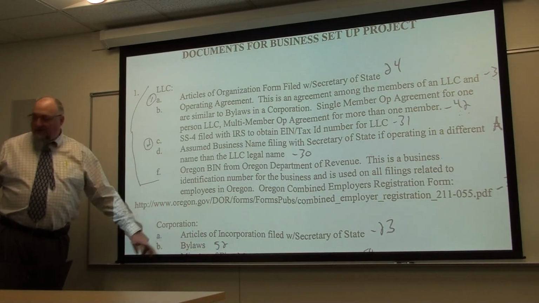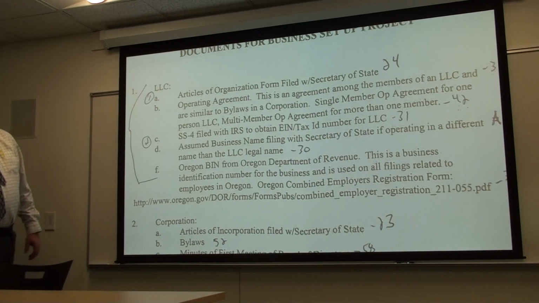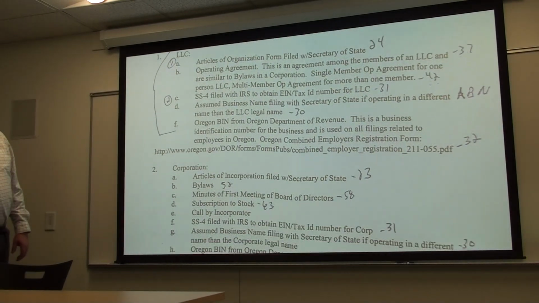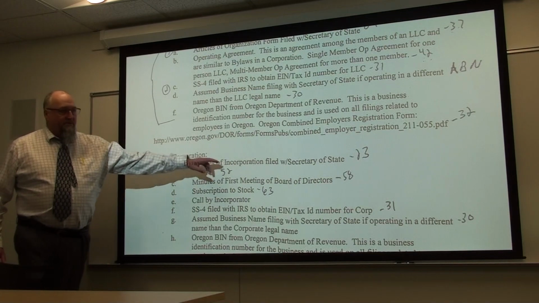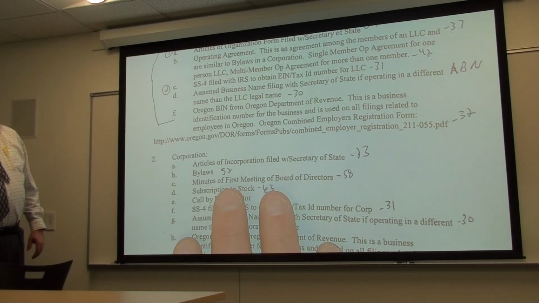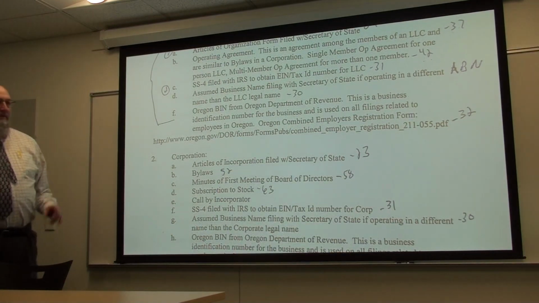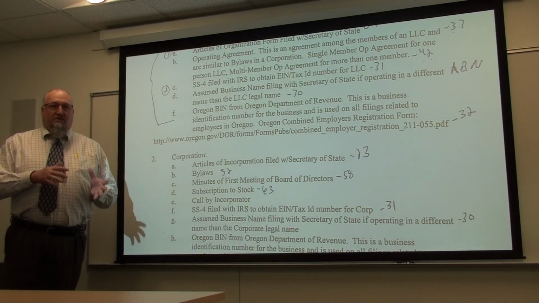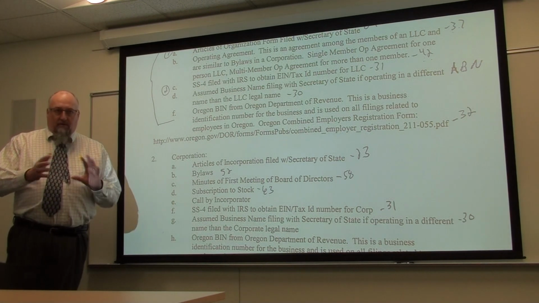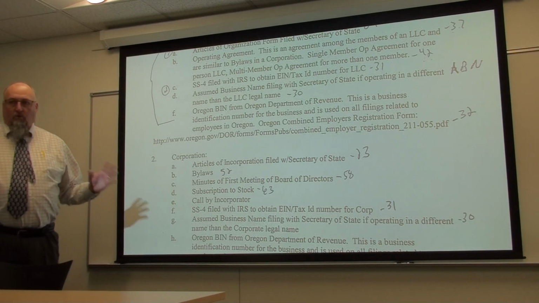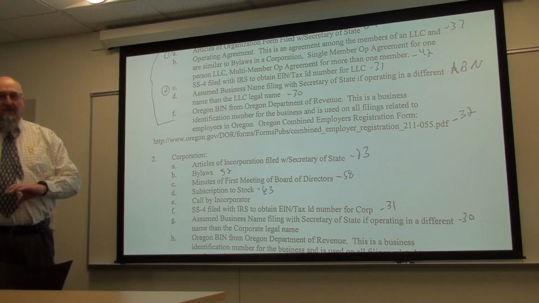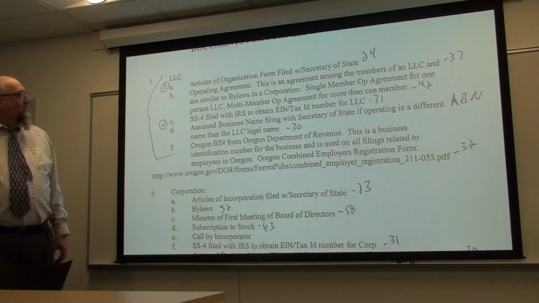Down here for a corporation, same idea, Articles of Incorporation, just depending which one. And the Articles of Incorporation, just so you know, are the same if you're a C Corp or an S Corp. We'll go into the differences between the two in a different class. But all corporations, S Corp, C Corp, file that same form. So you're not going to have a separate form for each type.